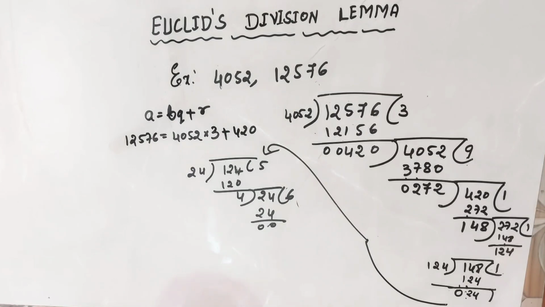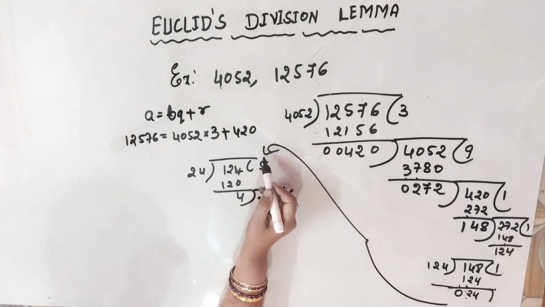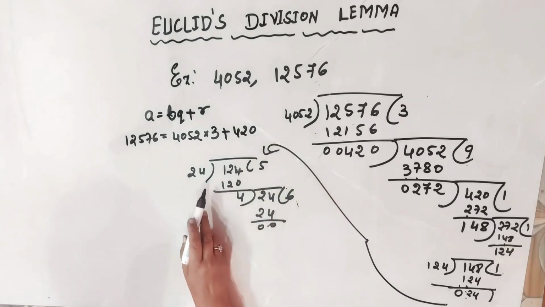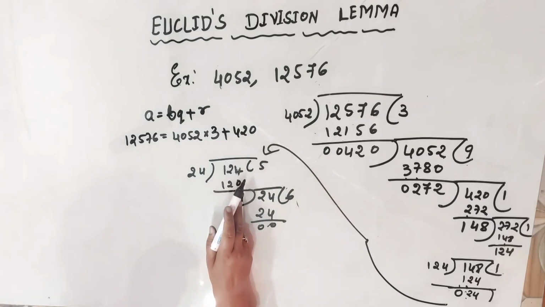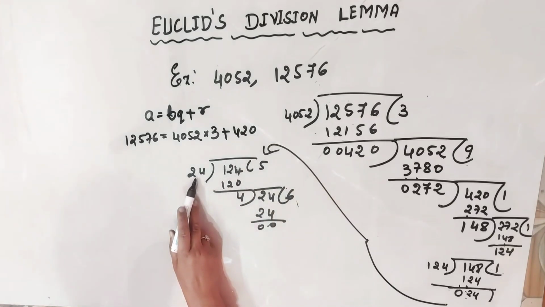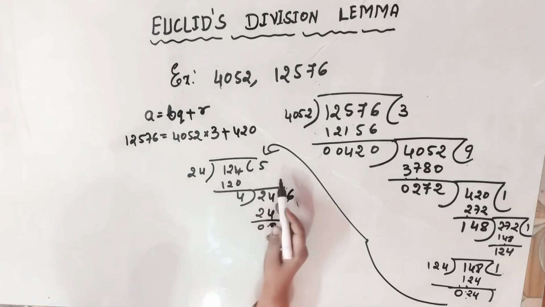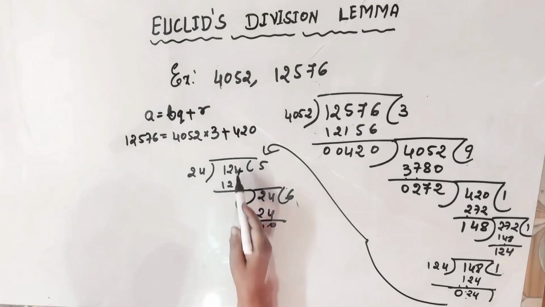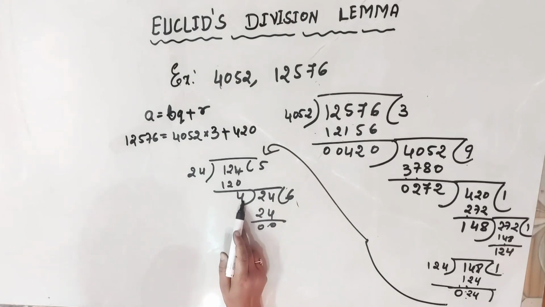See, till now we didn't get the remainder as 0. So till we get the remainder 0, we have to continue. So please students, please notice here, I am continuing. 124 will become the dividend and 24 will become the divisor. 24 fives are 120. What will be the remainder here? 4 is the remainder.